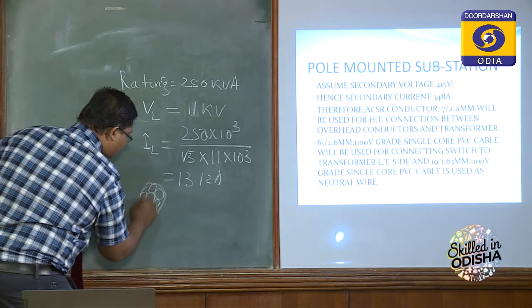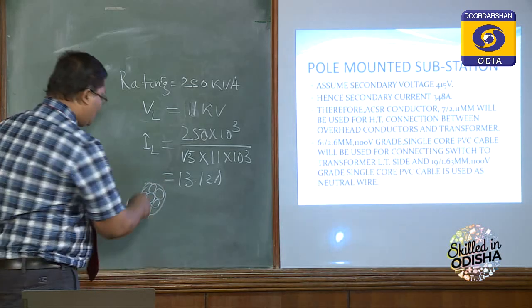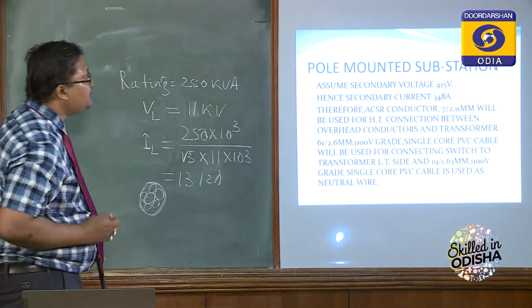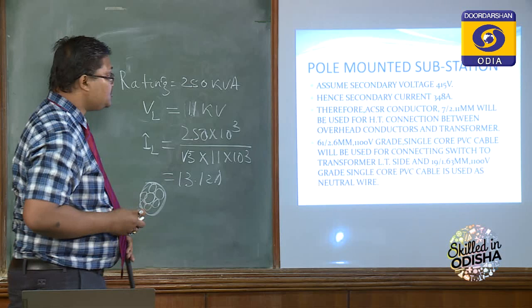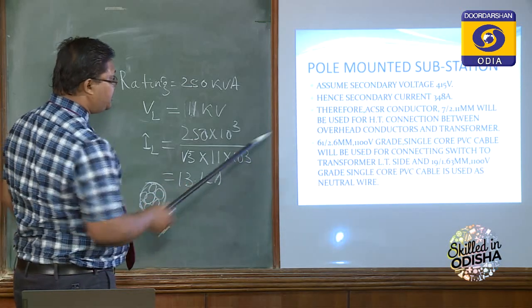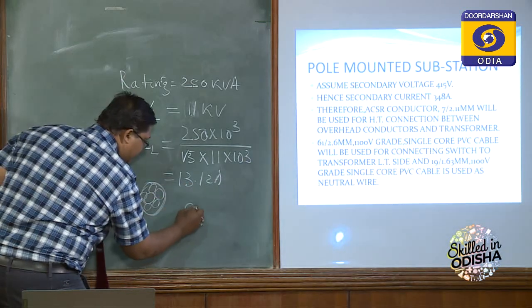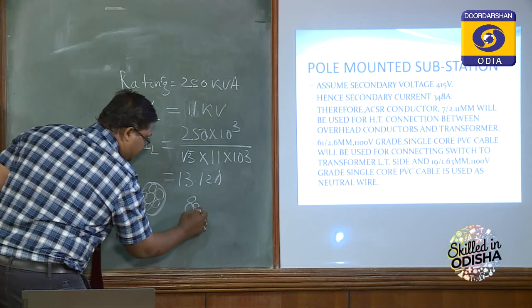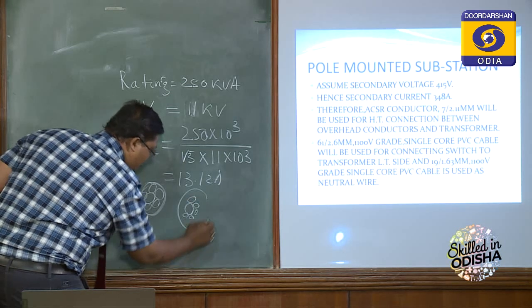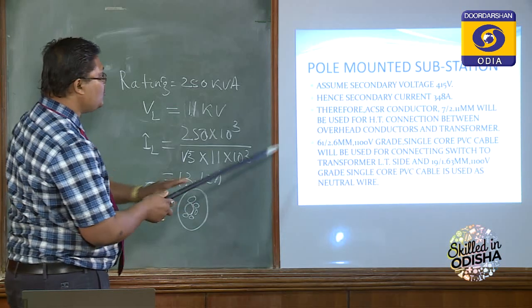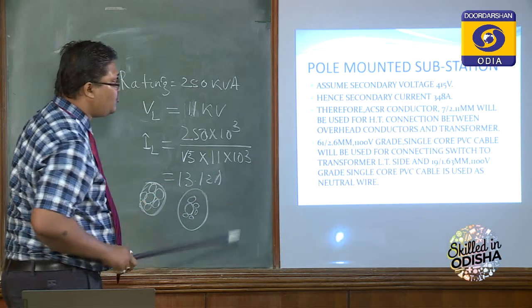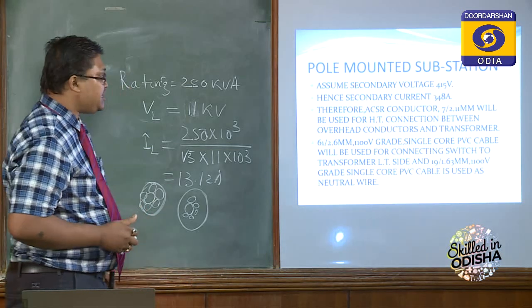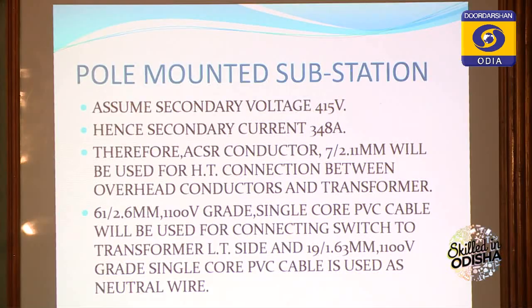This forms one conductor and the total diameter is 2.11 mm. Similarly 61 by 2.6 mm means a middle conductor with 60 conductors around it, forming a diameter of 2.6 mm, and the voltage grade is 1100 volt grade. Single core PVC cable should be used for the phase conductor in the LT side.